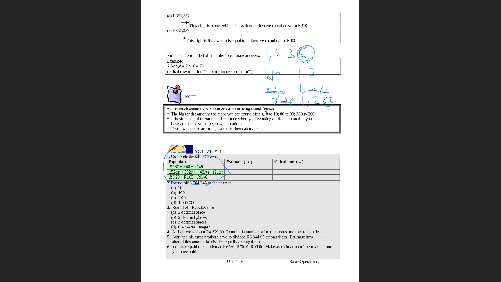So the first one says round off 86425 to the nearest 10. Now the nearest 10 is the 2. Have you seen?